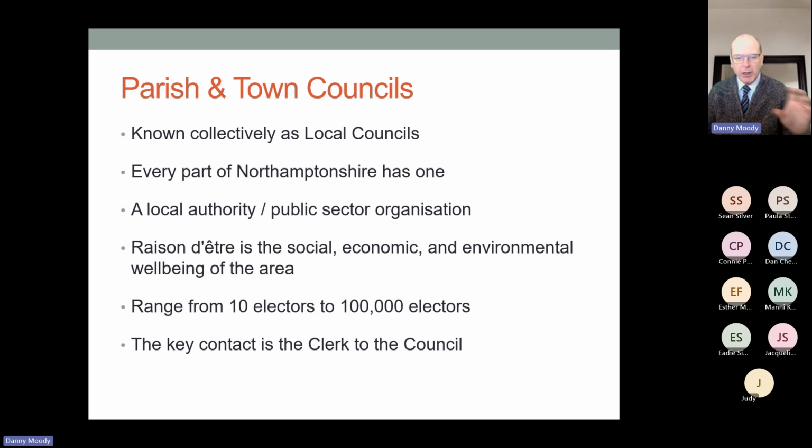So now every person who lives in Northamptonshire is represented by a parish or town council, and then one of the unitary councils, either West Northamptonshire Council or North Northamptonshire Council, depending on which side of the county you are on. But a parish or town council is a local authority, just the same as WNC or NNC.